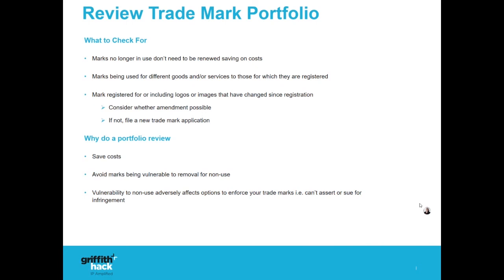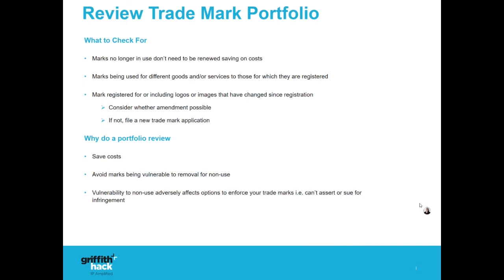The next thing to look for is, have you got any trademarks which are in use, but you're using them for different goods or services to those for which they are registered? This is quite common that we find, where trademarks evolve over time, and certainly in the fast-moving consumer goods area, you might have something filed for meat products, and then it expands into snack foods, for argument's sake, which may be in a different class, and a new application was never filed to register it for those additional goods.